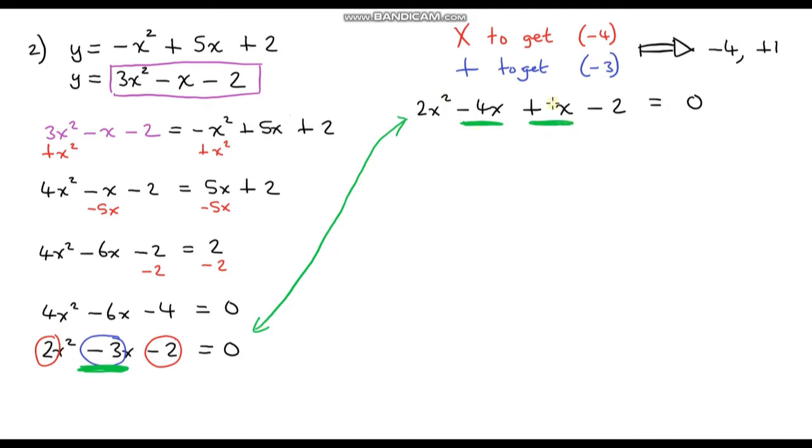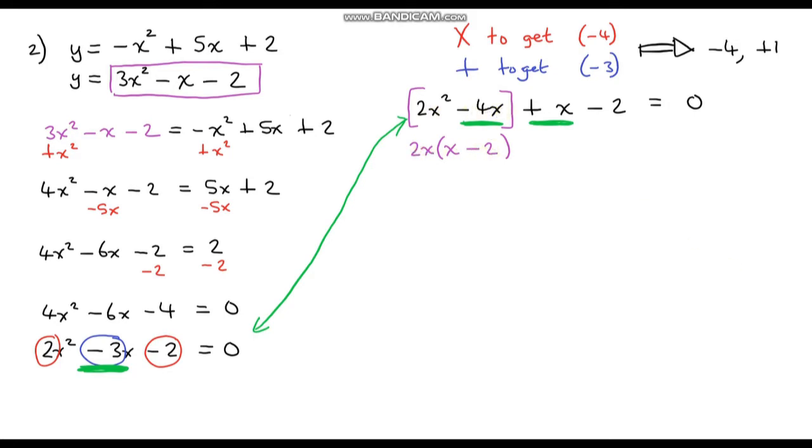Now the reason I've done this is because if I focus on the first part of my expression, just this part, I can actually factorise it. So I can factor out a 2x from both terms. Inside my brackets, I'm just going to be left with x minus 2. So 2x times x is 2x squared, and 2x times negative 2 is negative 4x.